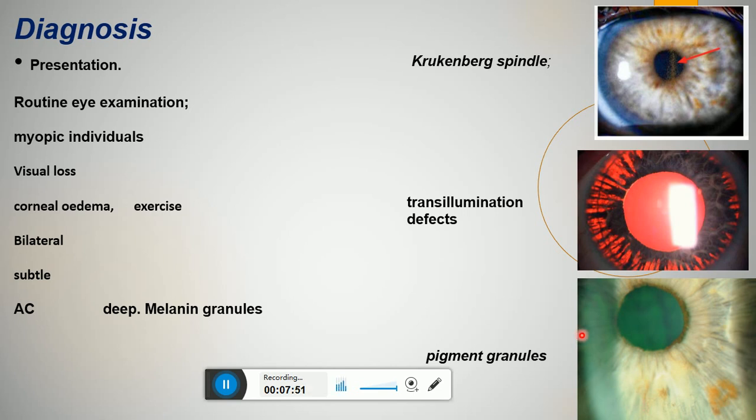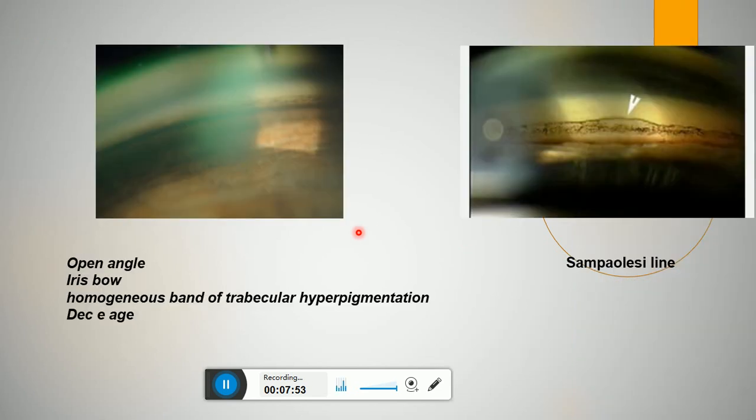Next is gonioscopy. In these patients, the angle is wide open and there is often a characteristic mid-peripheral iris concavity where the iris bows backward. The trabecular meshwork is heavily pigmented in all four quadrants with a dense, homogeneous circumferential posterior meshwork band.